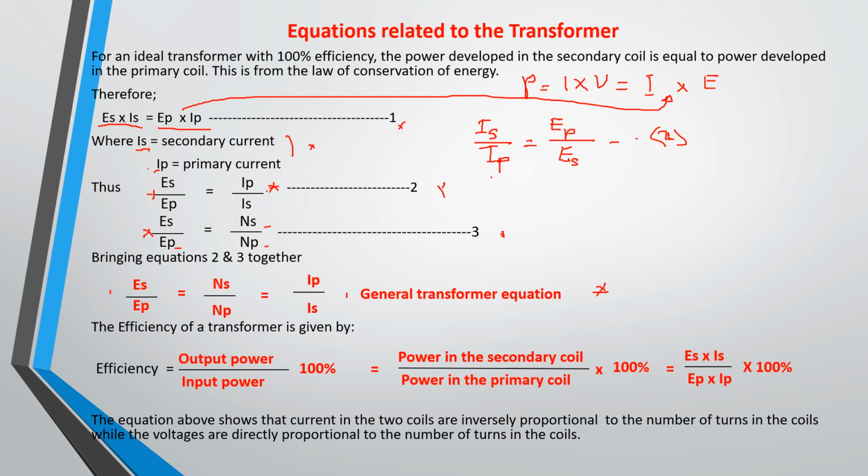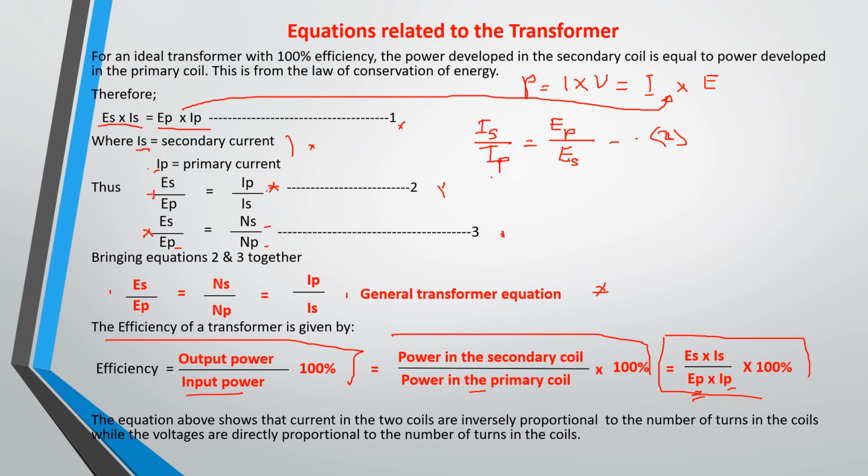So electromotive force in the secondary times the current, all over electromotive force in the primary times current, multiplied by 100. All this is efficiency, so as the case may be, you can use any of these depending on what you are asked to do.